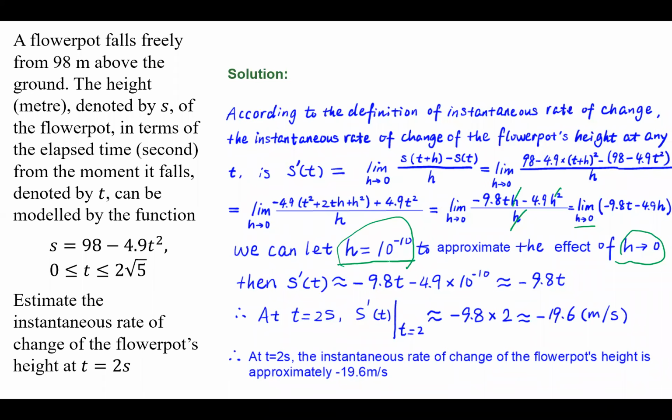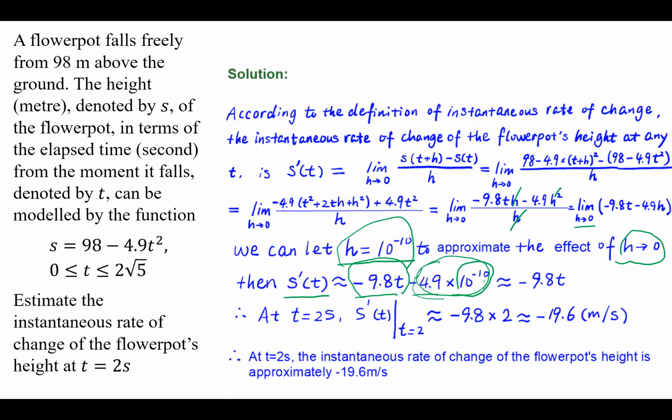So for example, if h is 10 to the power of negative 10, then we can say the instantaneous rate of change or instantaneous velocity at any time t, s prime of t, is approximately negative 9.8 t minus 4.9 times h here, which is 10 to the power of negative 10, which is approximately the former part, because when this number is very small, the latter part will be very small.